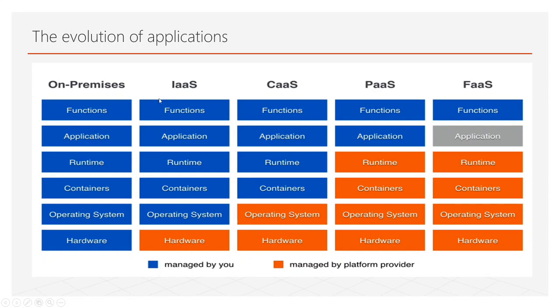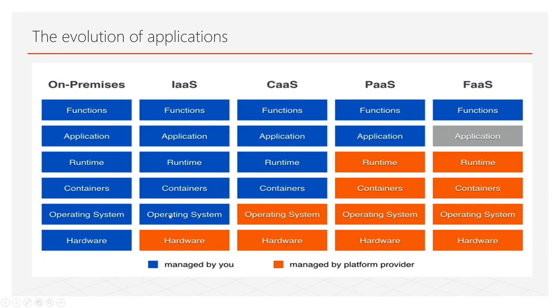Now things changed. Now infrastructure as a service comes up. When that came up, a couple of cloud providers arrived, like Azure, GCP, Google Cloud Platform, AWS, Amazon Web Services, and other cloud platforms. So in infrastructure as a service, the responsibility of the cloud provider is to maintain the hardware, but from the operating system to the functionality, everything has to be maintained by the developer as well as the administrator of that corporation.